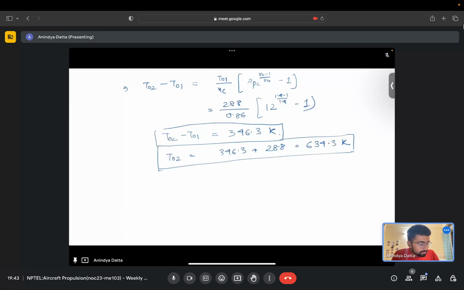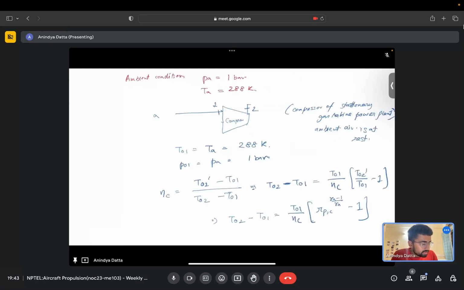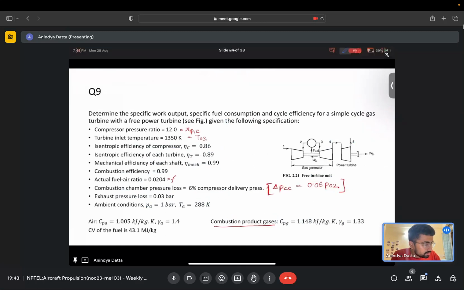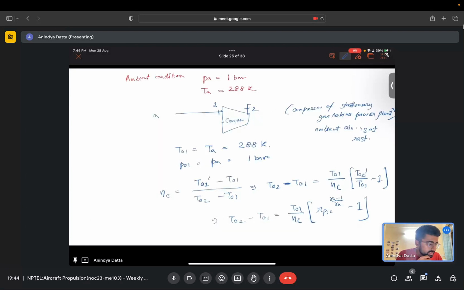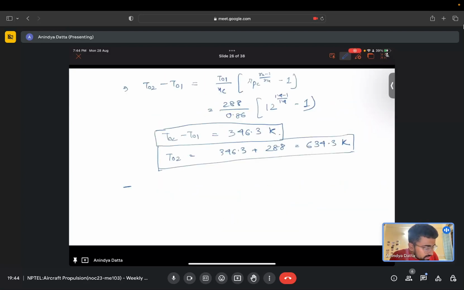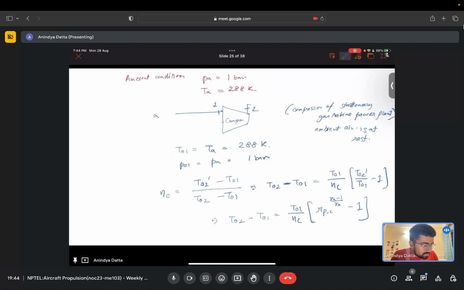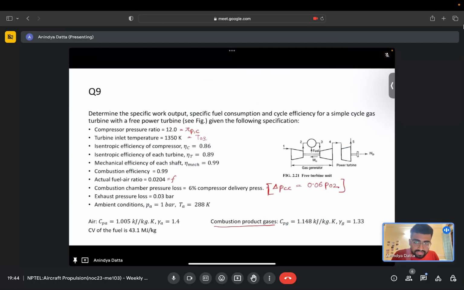Now if you go back here, we know the state point T01, and we know the temperature at T02. Now is the time to find out T03. T03 is given, right? T03 is our turbine inlet temperature, which is 1350.